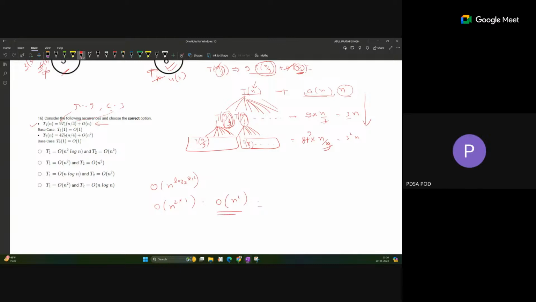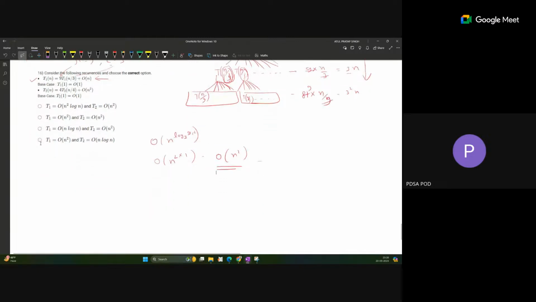For the second expression, just check in a similar way. This time we have 4T(n/4) and n square is given. Once again, look at this: T(n) we have, and this time 4 children, each with n by 4. At the top level we are getting n square, but at the next level we have n by 4, that means 4 into n square by 16.